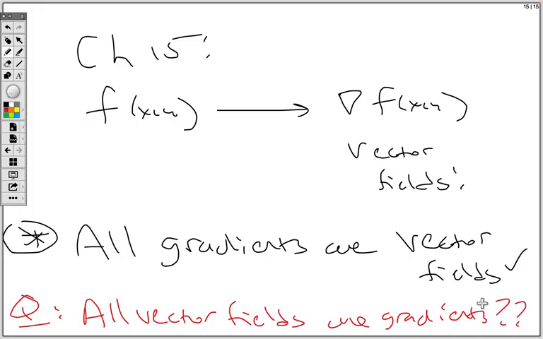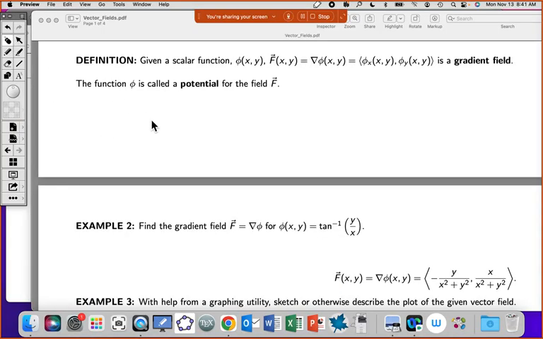You see how that would be? Yeah, and the answer is no, and we'll talk about that more on Friday going into next week. So gradients are a particular type of vector field, but not all vector fields are gradient fields.